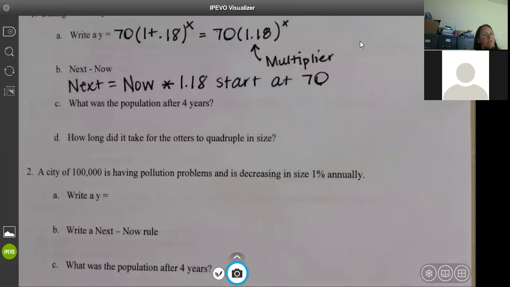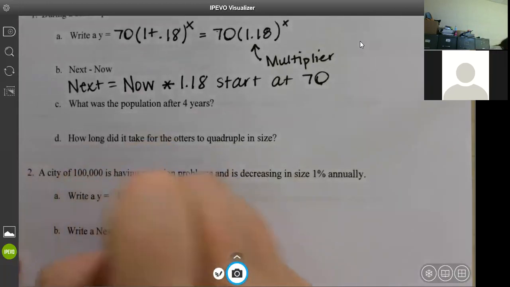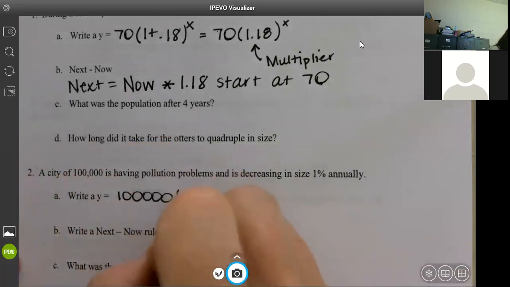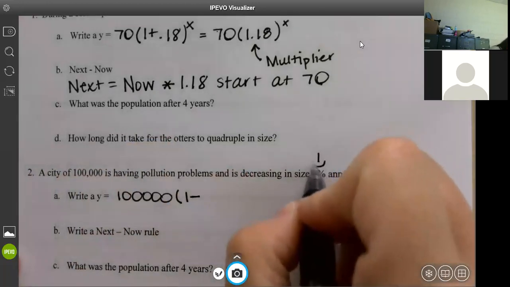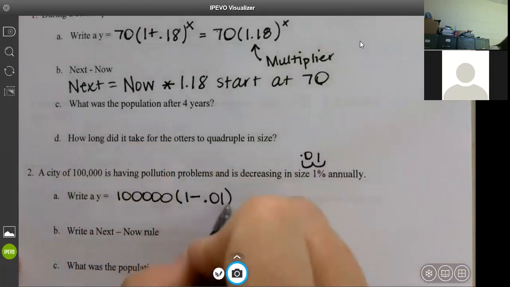A city of 100,000 is having pollution problems and is decreasing in size 1% annually. So how do I write a y equals? What did I start with? 100,000. 1 plus or minus? Minus. How do I write 1% as a decimal? .01.